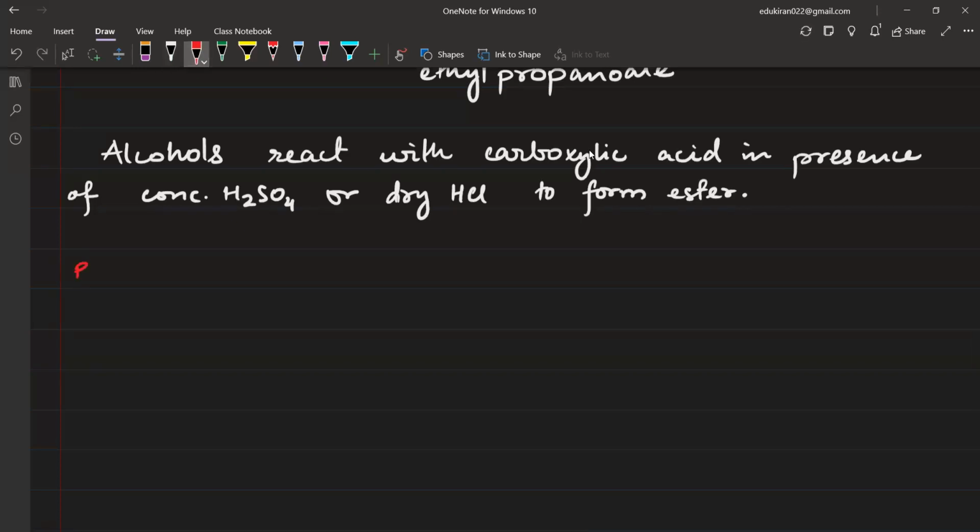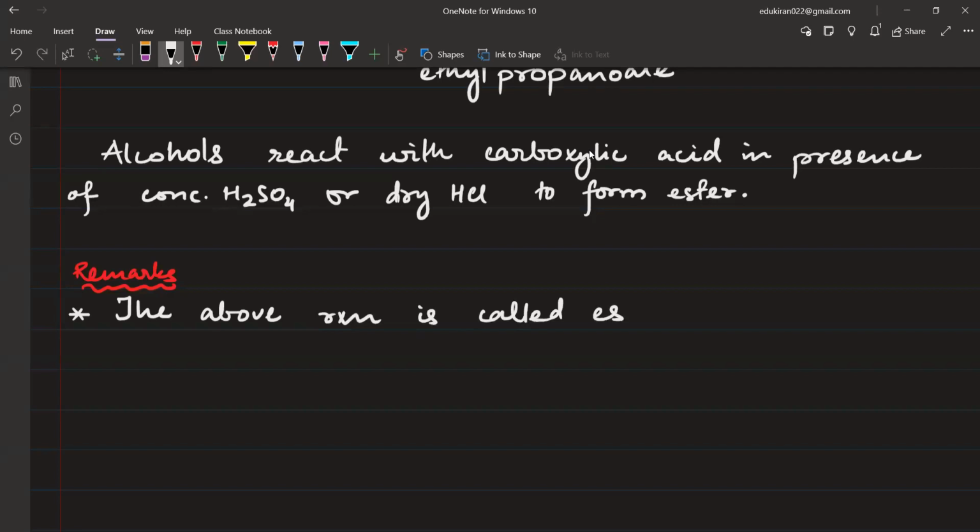All these are esters only. After that, write some remarks. Okay, the remarks, write the first point. The above reaction is called esterification.